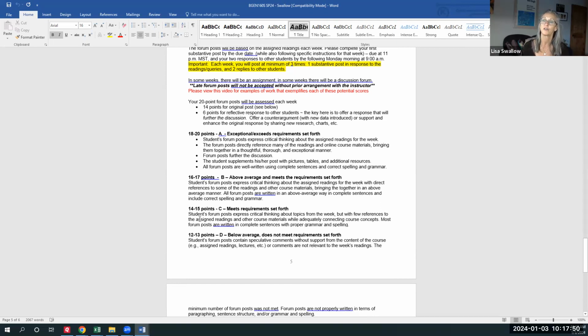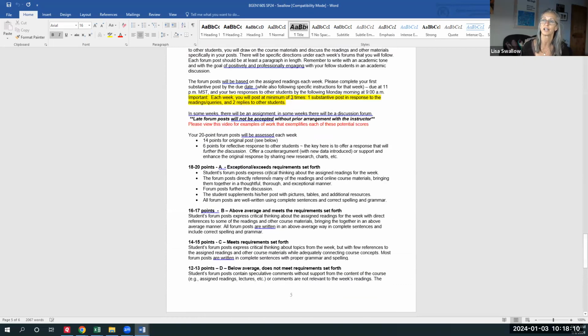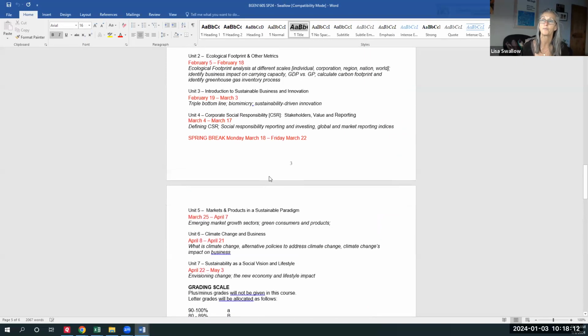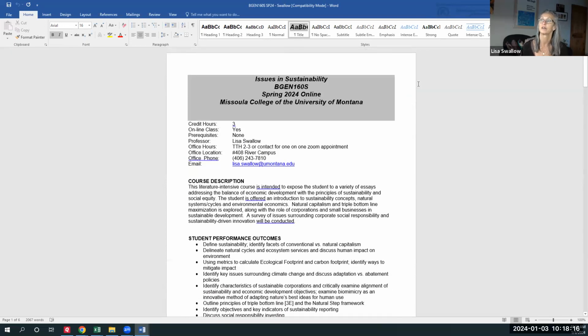And then you can see how the points are lined out. In order to get the full points, you express critical thinking, you directly refer to many of the readings, you further the discussion, and you supplement your post with pictures or charts or additional resources, etc. So you can see that I've really clearly identified how you earn the points in the discussion forum.